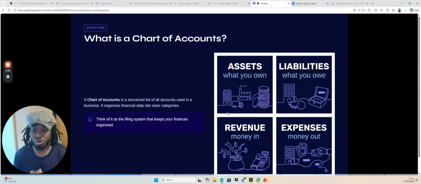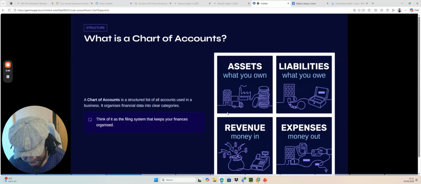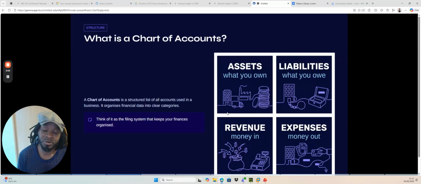It's like a structure of all the accounts that you use in business. This helps to organize data into very clear categories. Think of it as a filing system that keeps your finances organized. Let's break it down a little bit to make it easy for you to understand.